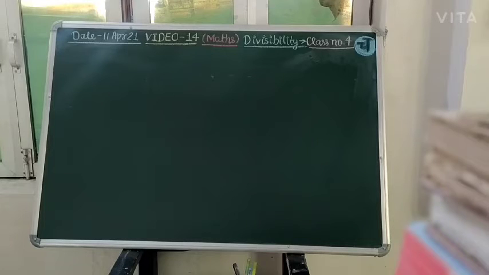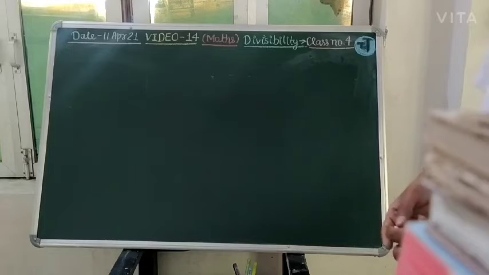In the previous videos we have come across the rules of dividing any number by 2, 3, 4, 5, 6, 8, 10 and 11. By 2, if we want to check, we choose the unit digit, and if the unit digit is even, then the number will be divisible by 2.